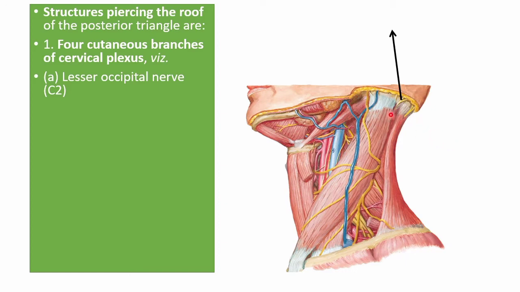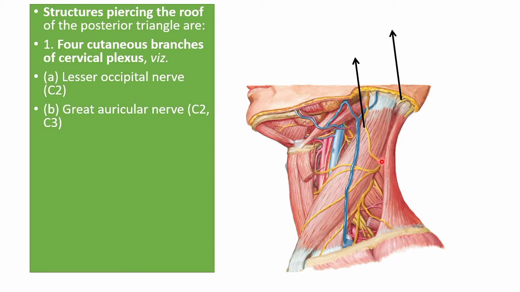The nerves are, first, the lesser occipital nerve, which is present exactly posterior to the posterior border of the sternocleidomastoid muscle, at its upper part. Then the greater auricular nerve, which covers the sternocleidomastoid muscle, forming just like a loop.